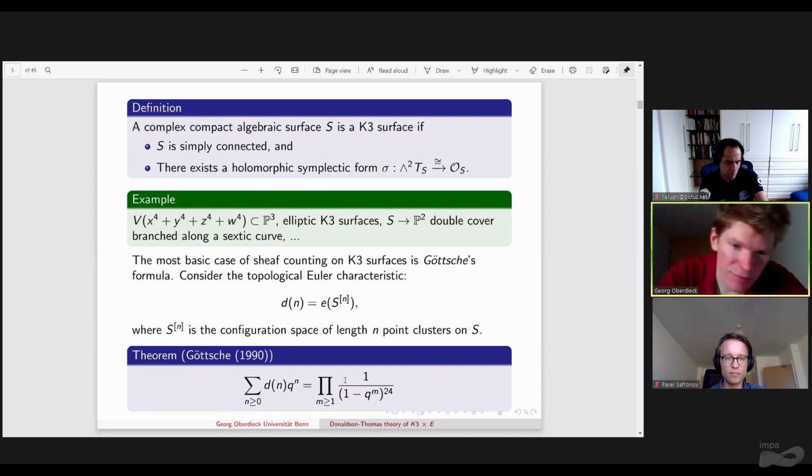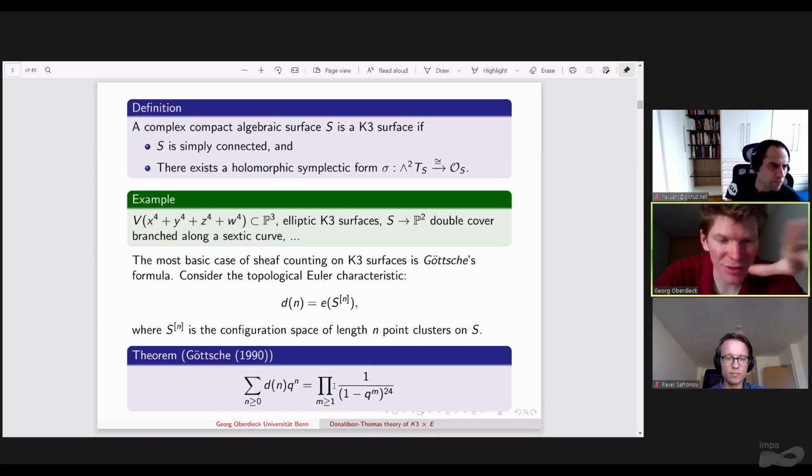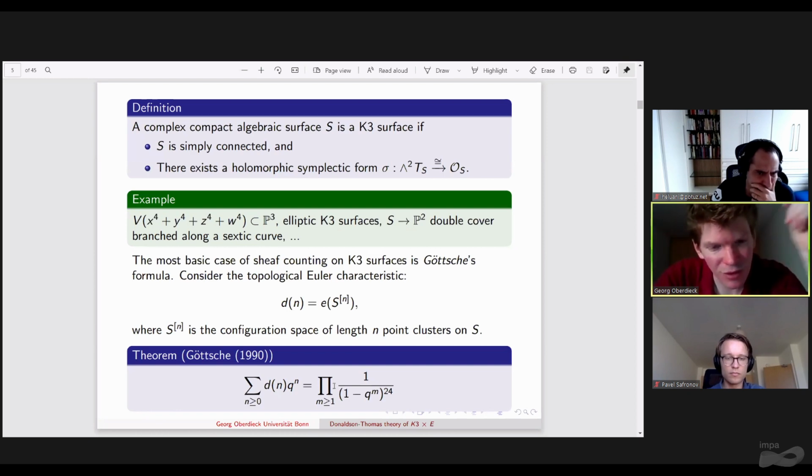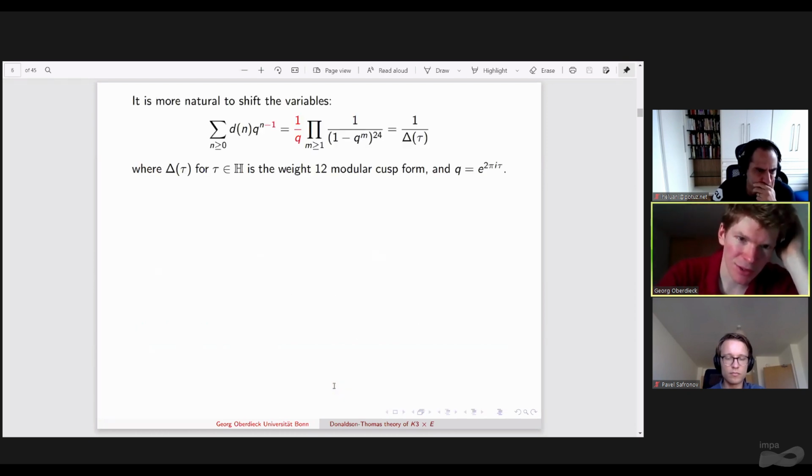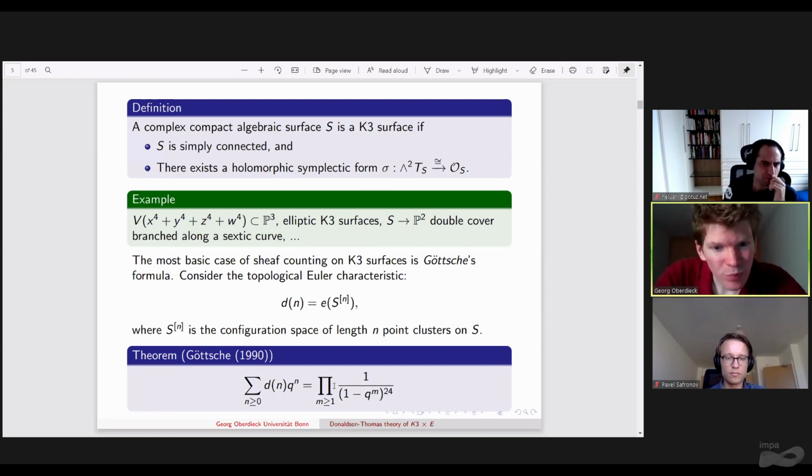In some sense the right-hand side looks very familiar to everybody who works with modular forms, because it's the modular form discriminant, but only up to a constant. Let me make a remark which is innocent at first view, but will lead us to the right definition later on for K3 times elliptic.